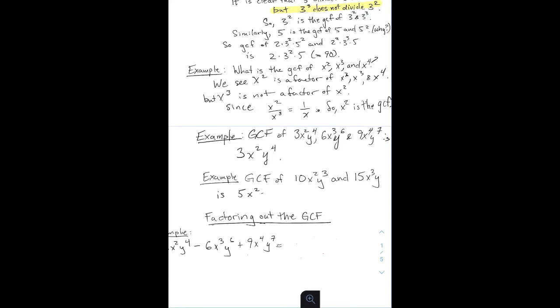And finally, the y divides both y and y cubed, but y cubed does not divide y. And y squared does not divide y. Any higher power of y does not divide y. So y is the greatest common factor of the y part. And so the greatest common factor of those two expressions is 5x squared times y.